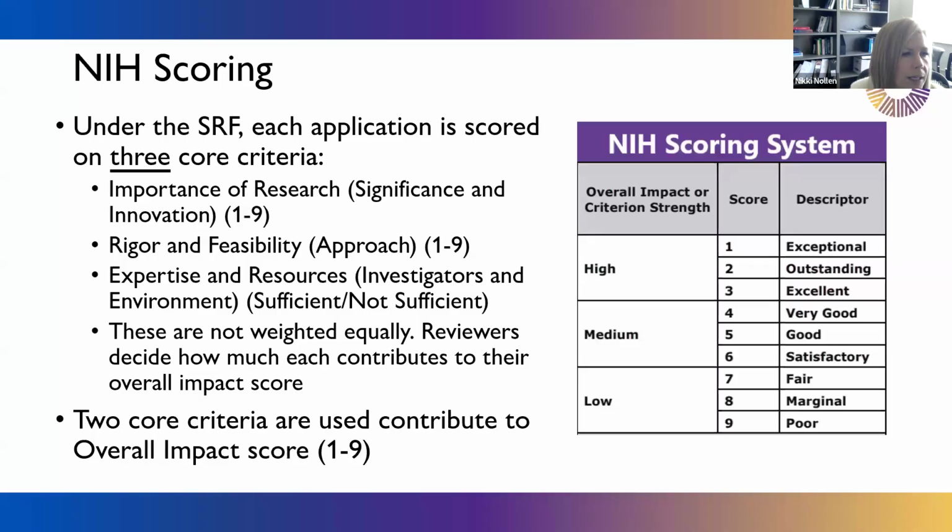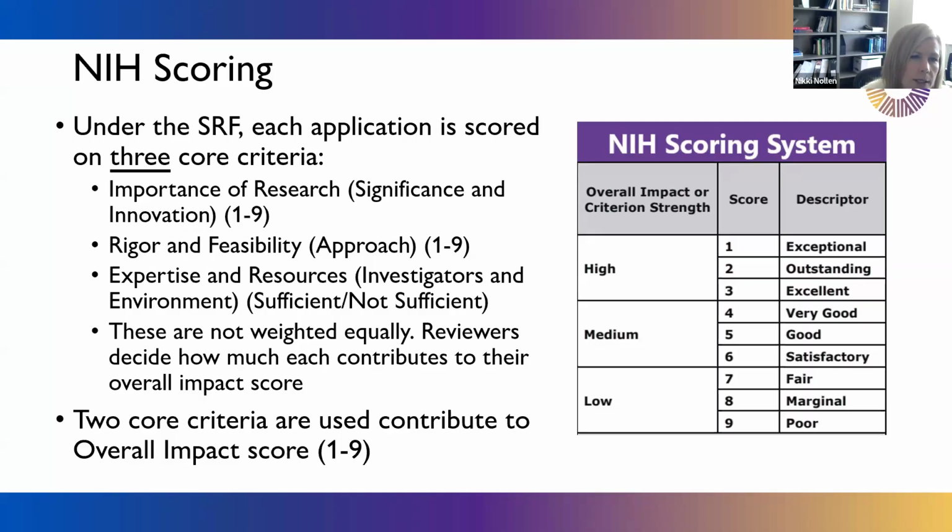So under the simplified reviewer framework, which we will spend the rest of the presentation talking about, each application is scored on 3 criteria. It used to be 5, but now it's 3. So it's importance of the research, which combines the old significance and innovation.